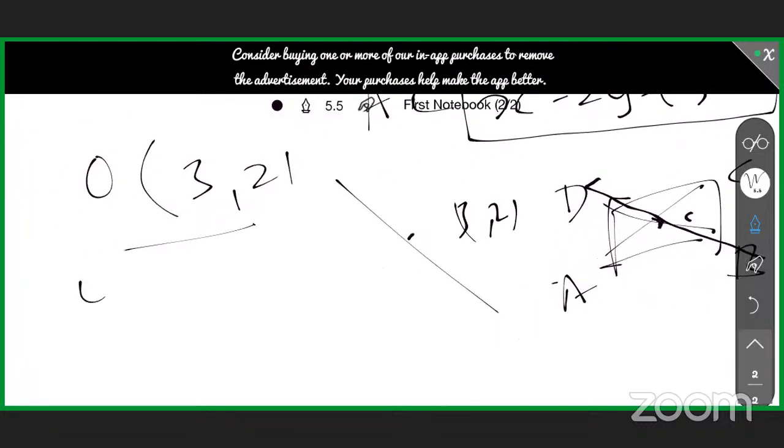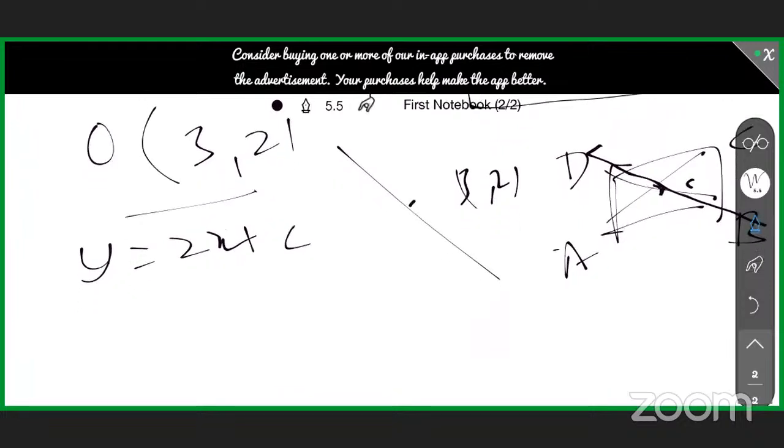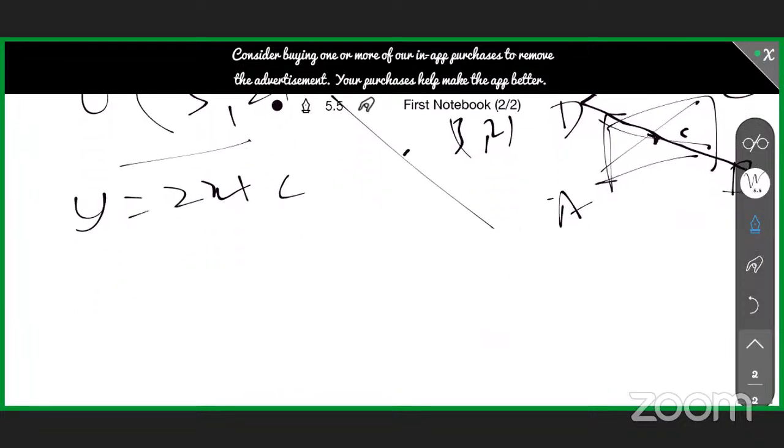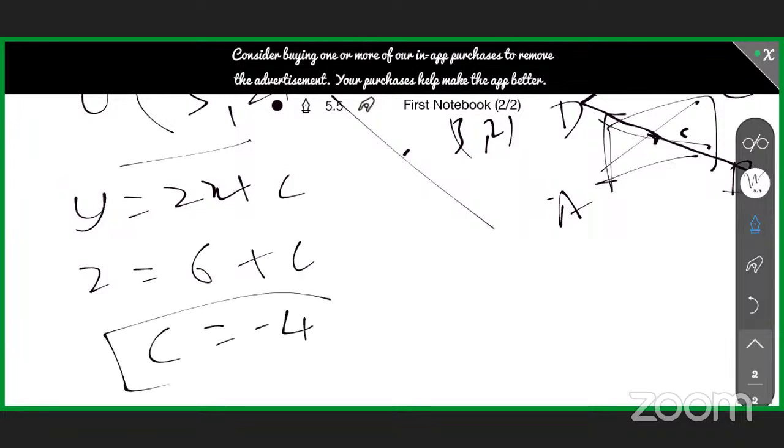Therefore, y is equal to 2x plus c will become 2 is equal to 6 plus c. So c is equal to minus 4.